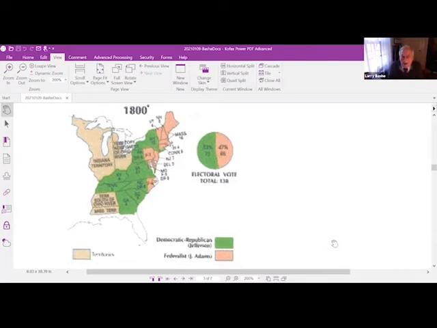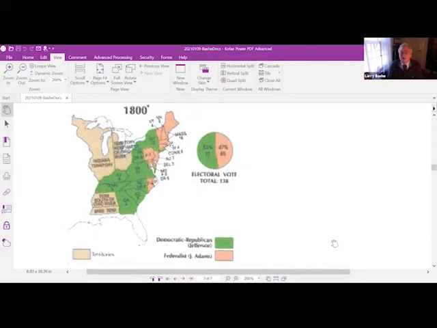Well, if it's a tie, remember what I said before, it goes to the House of Representatives. Well, the House of Representatives was mostly Federalist Party people. They didn't have a dog in this hunt. And there was a long delay of voting in the House of Representatives about who was going to become president.